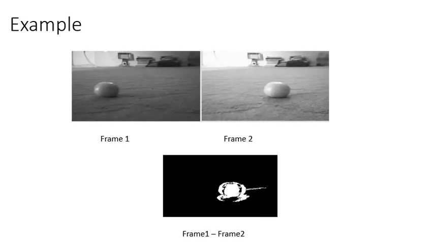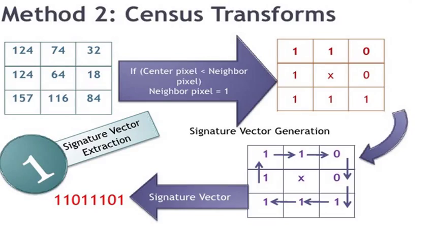Let's go to the second method, which is the census transform. Census transform is a tracking method. Here the entire image is divided into weighted codes, such that the center weighted code will be taken as a reference.